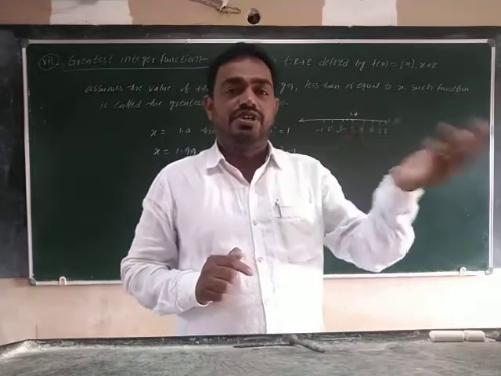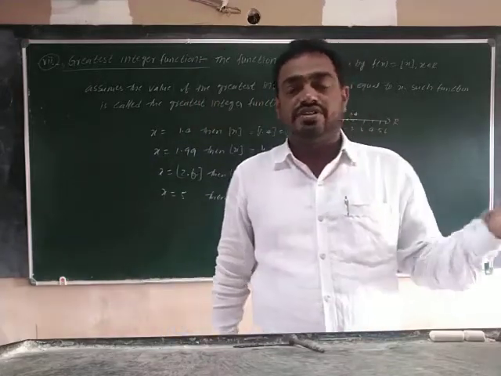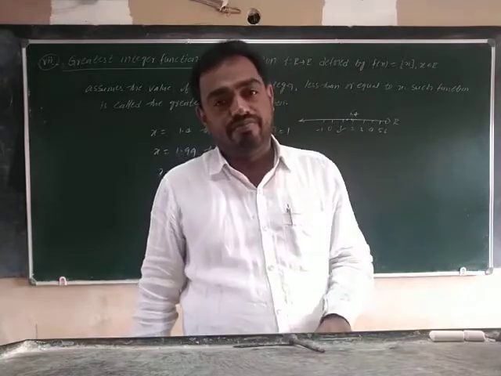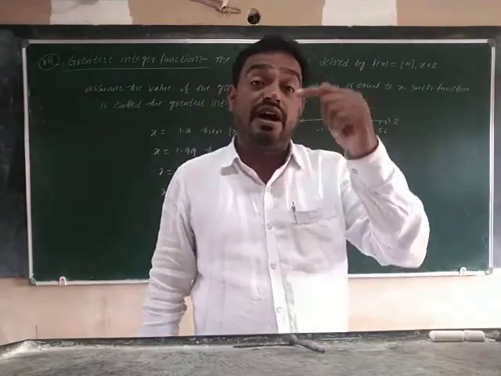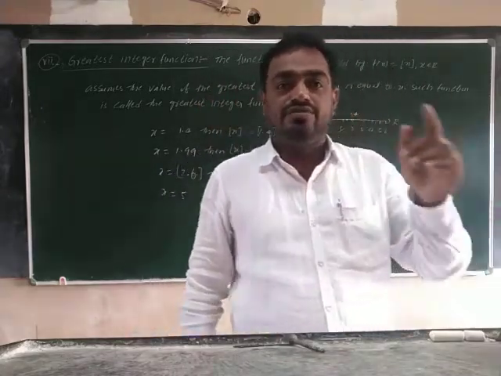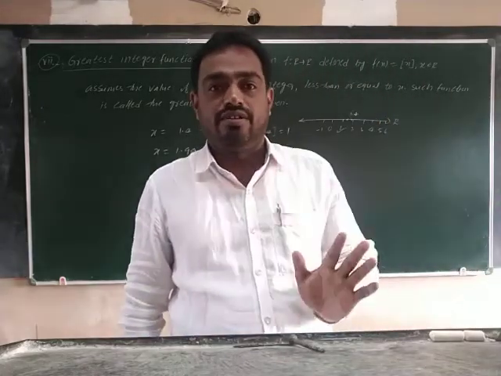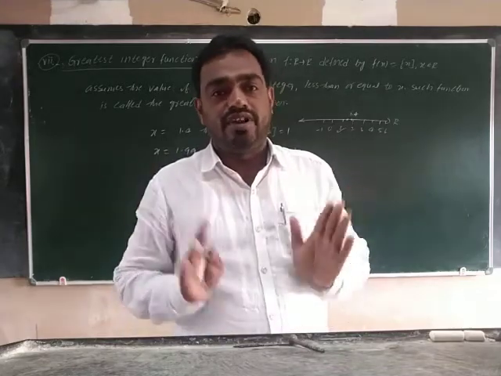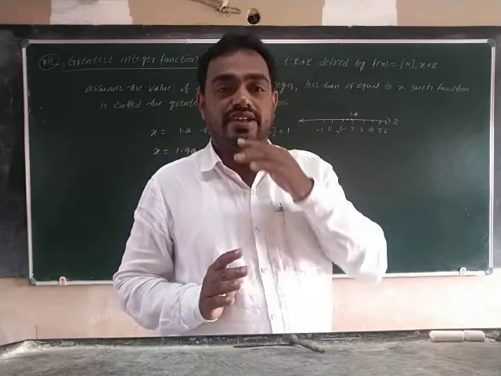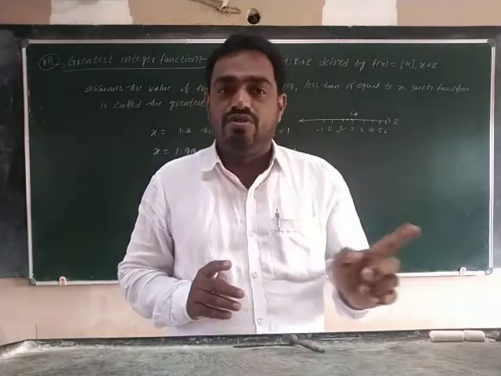Just simply remember: greatest integer of 6 is 6, of 7 is 7, of 8 is 8, of 10 is 10. Greatest integer of 10.001 is 10 only. Greatest integer of 10.999 is 10 only. You observe the difference. The greatest integer is less than or equal to x.